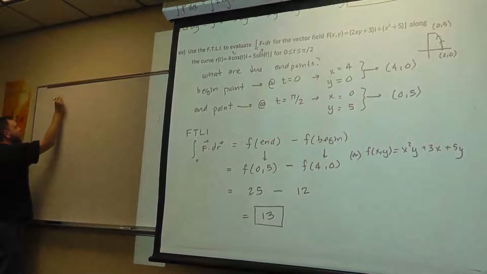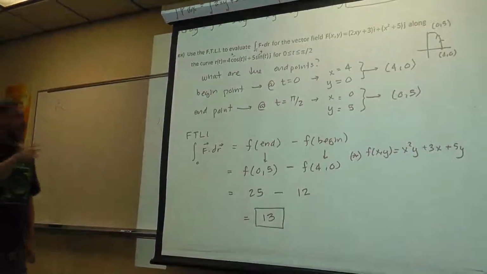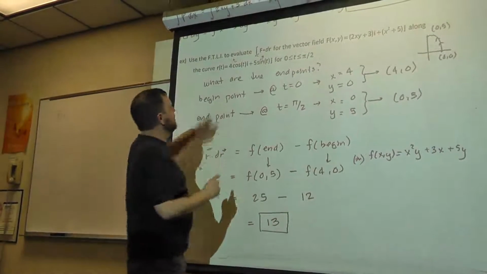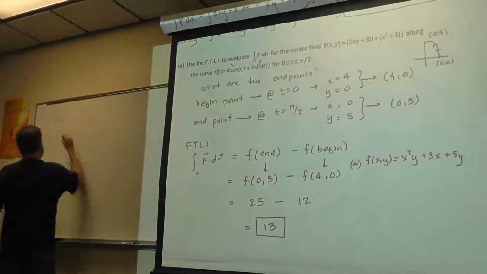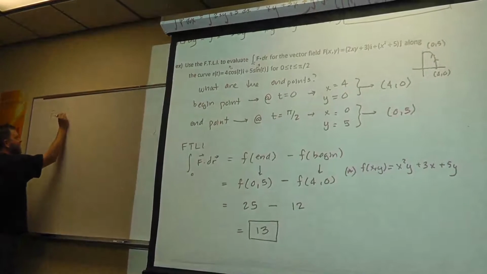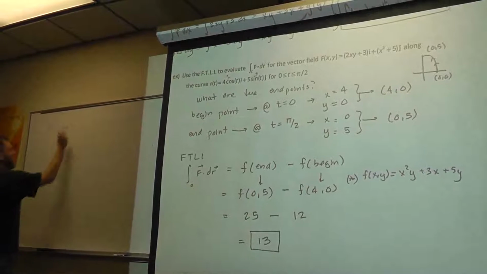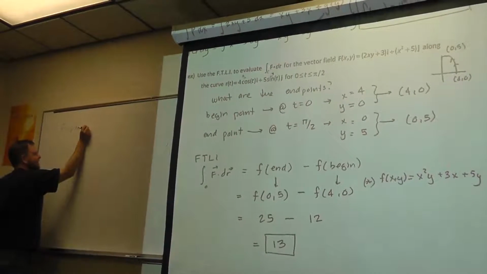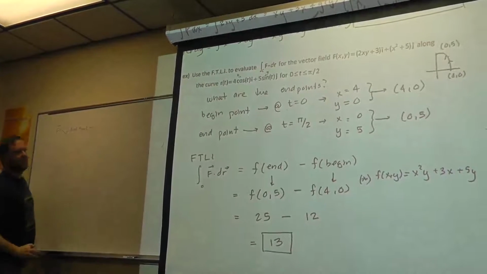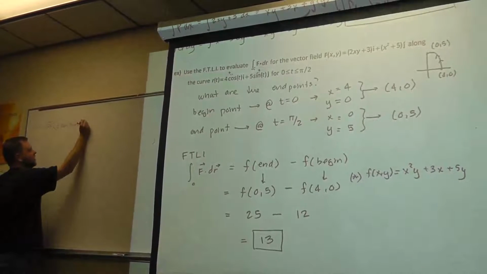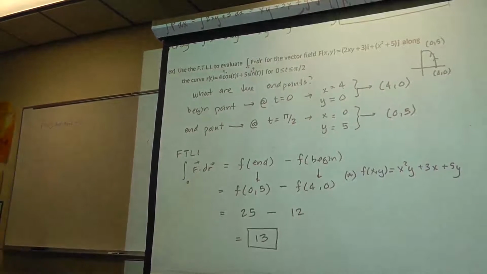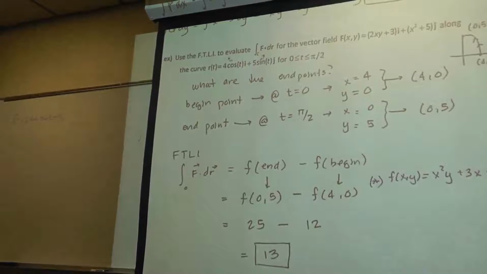So, ooh, purple, cool. You'd have to do 2xy, so 2 times 4 cosine t times y, which is 5 sine t, plus 3, comma. And then you have to do x squared plus 5.